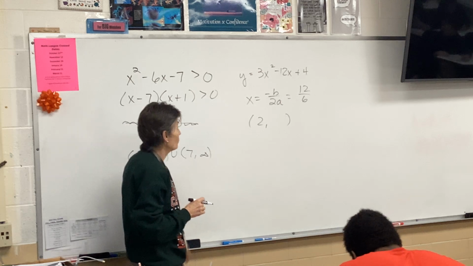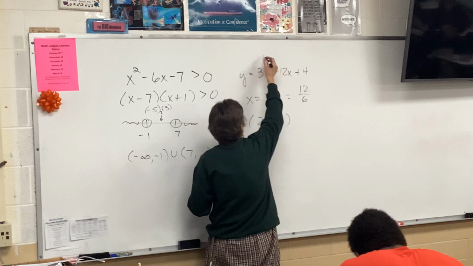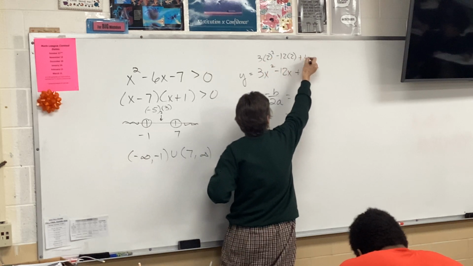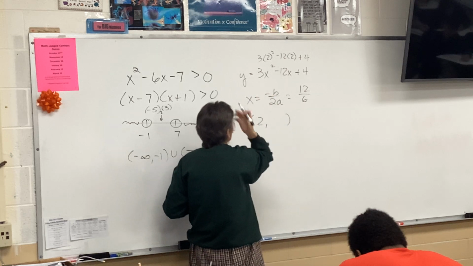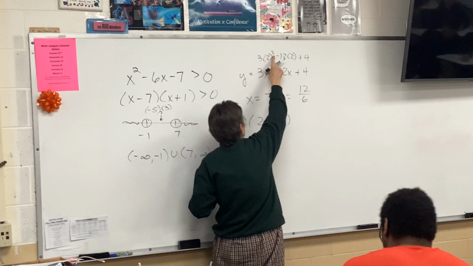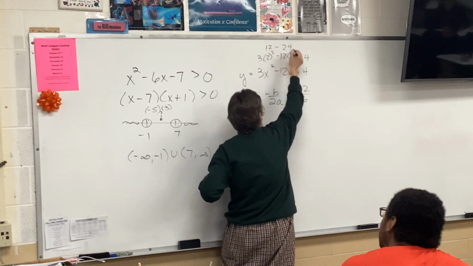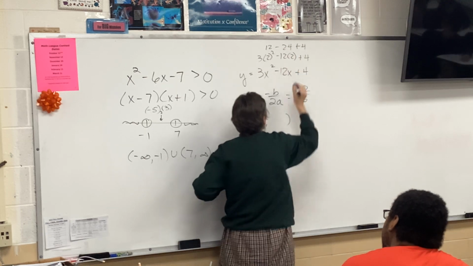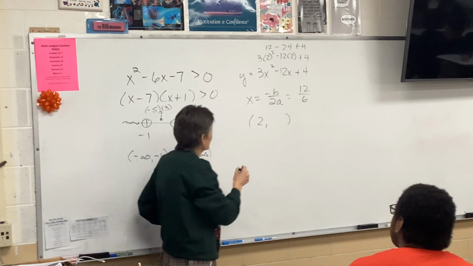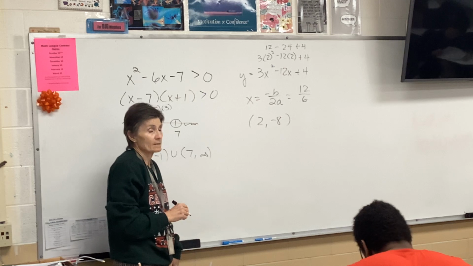And then to get the y coordinate, I will just plug that back in. So 3 times 2 squared minus 12 times 2 plus 4. You'll have your little calculator if you need it. Remember, we square first. So 2 times 2 is 4, times 3 is 12, minus 24 plus 4. So that is -12 plus 4, -8. And there is your vertex.